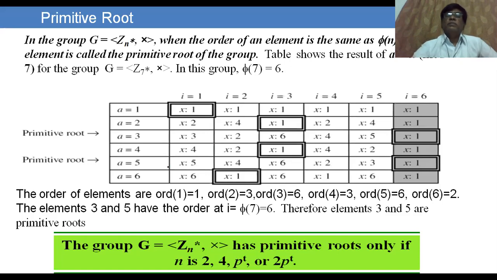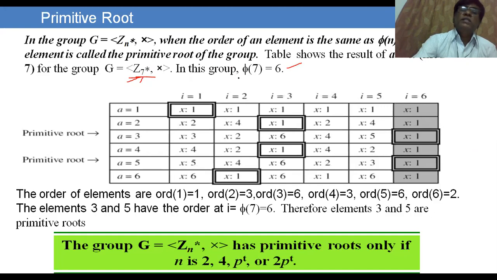See this table. This table is Z7 star, that means the multiplicative residues of 7. In this group, phi of 7, since 7 is prime, is 6.